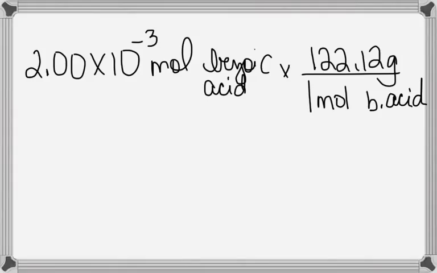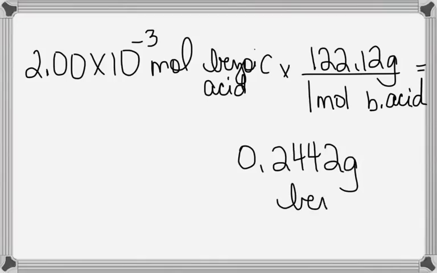I'm given that information in the pre-lab. I could also add that information up from the molar masses on a periodic table. Okay, so I simply multiply this out, and I calculate that I need 0.2442 grams of benzoic acid. And that should help you get through number 4 of the procedure for the standardization of the sodium hydroxide lab.